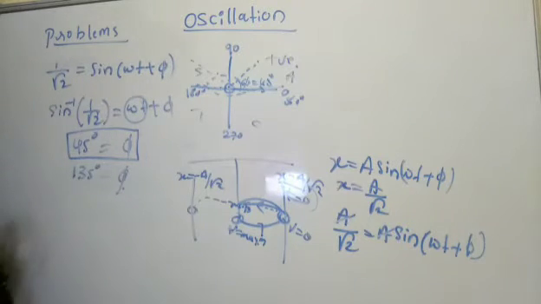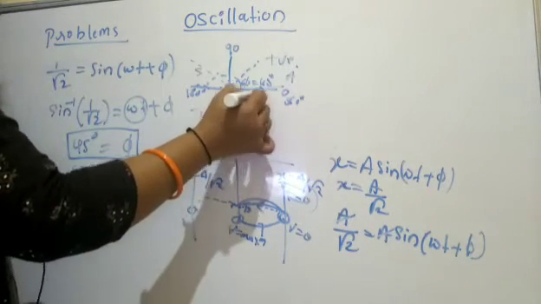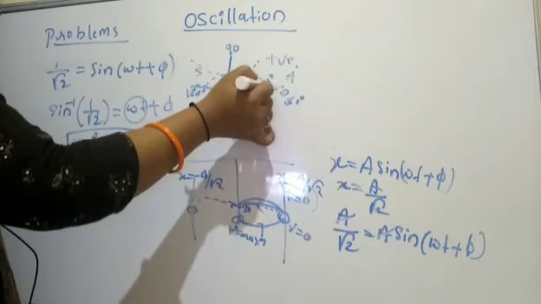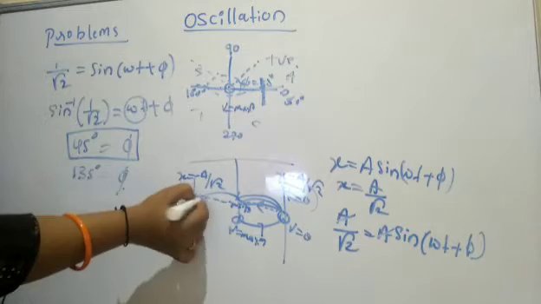Then we'll cross check with the velocity. It is said to be moving from a positive x direction towards the maximum velocity at the mean position. So it is moving from extreme position, means from here to here, from here to here it will move.